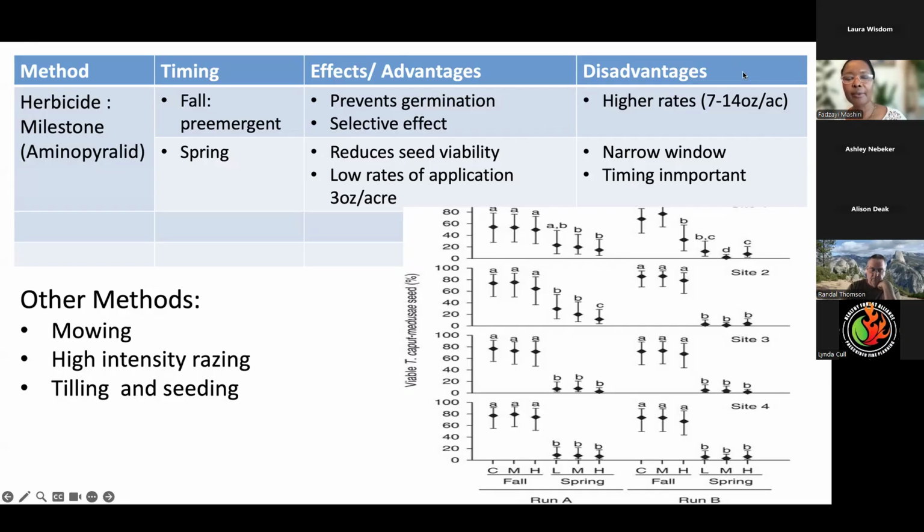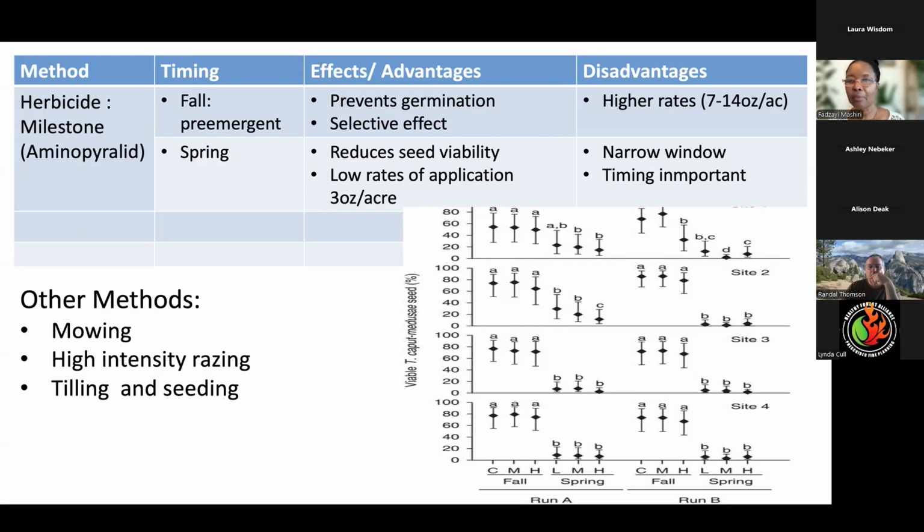ounces per acre. So a few years ago, we did an experiment where we applied the same Milestone in spring when the Medusahead is just barely starting to seed out. And we found that if we apply Milestone around that time, we get way less viable seeds out of those plants.